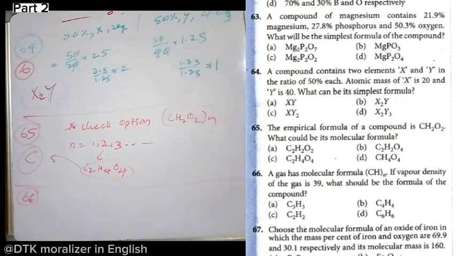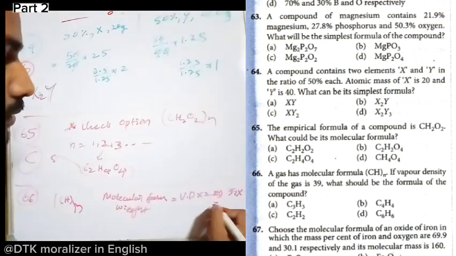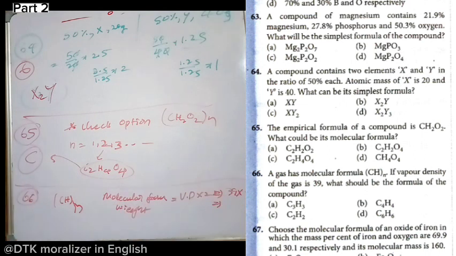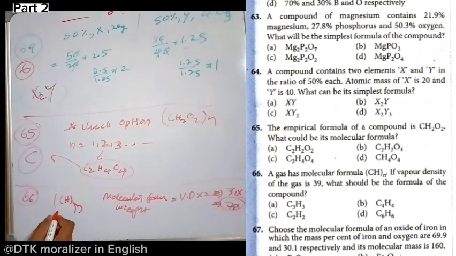Question 66. A gas has empirical formula CHN. If the vapor density of the gas is 39, what will be the formula of the compound? Here CHN is given, and we have to find out the molecular weight. For this, vapor density into 2 gives molecular weight, which is 78.